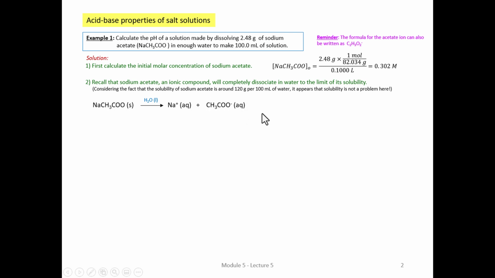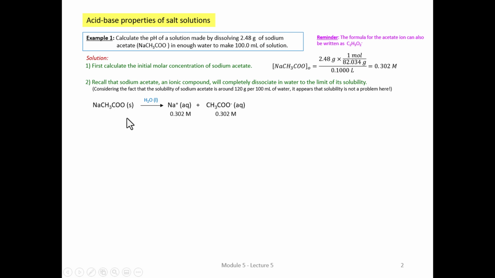Now recall from the previous slide we did that thought experiment where we actually took molecular tweezers and picked out all the acetate ions and threw them into pure water. Well, of course you can't do that. So the only way you can get a sample of acetate ions is in a compound that pairs it with an ion that won't interfere.